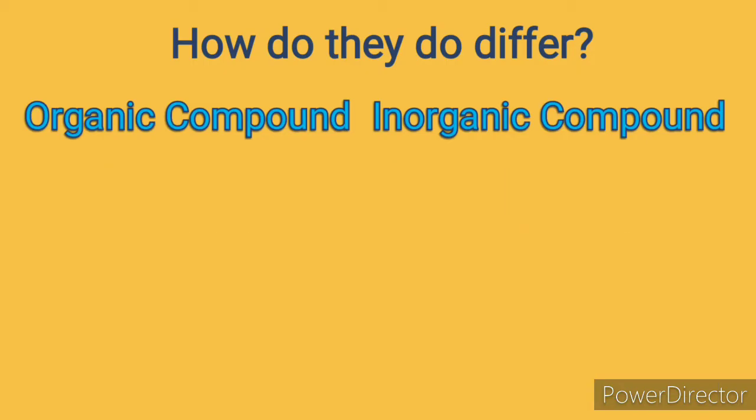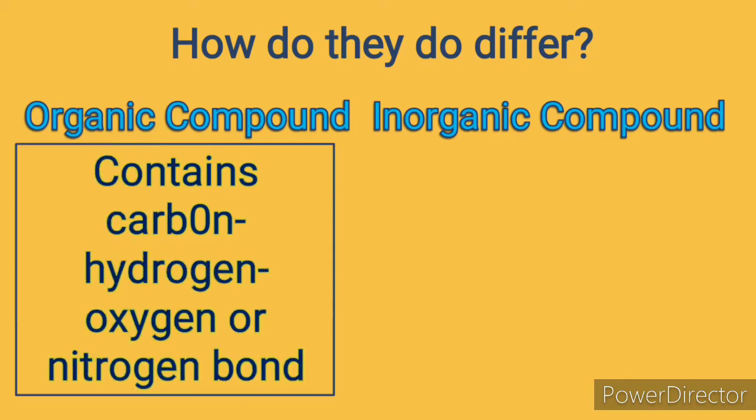What else? Aside from containing carbon, this carbon must be bonded with hydrogen, oxygen, or nitrogen. So not only does it contain carbon, but the carbon in an organic compound must be bonded with either hydrogen, oxygen, or nitrogen for us to say that it is an organic compound.